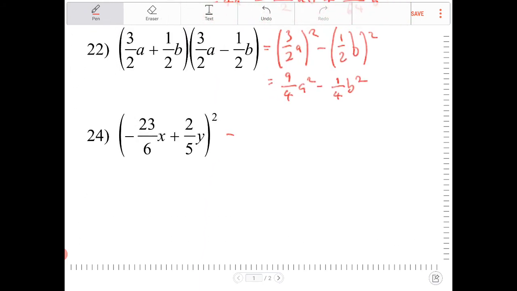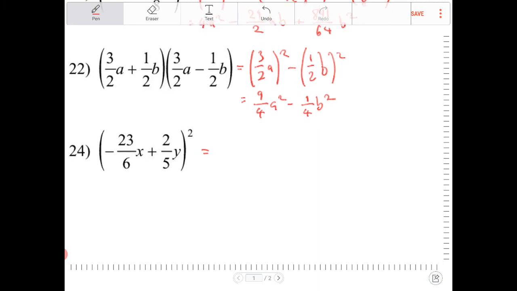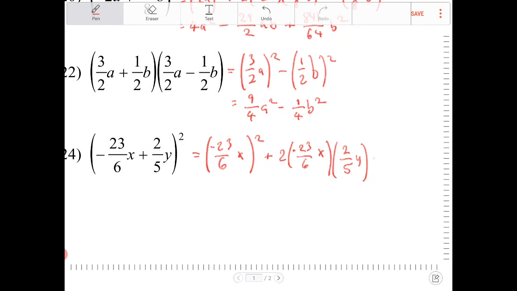And the last question here, this is again going to be a perfect square. So this is going to be (negative 23/6 x) quantity squared plus 2 times 23/6 x negative 23/6 x times 2/5 y plus (2/5 y) quantity squared.